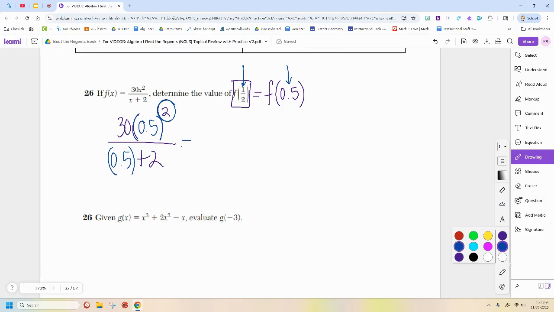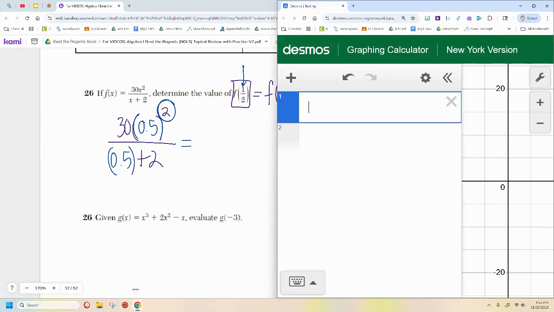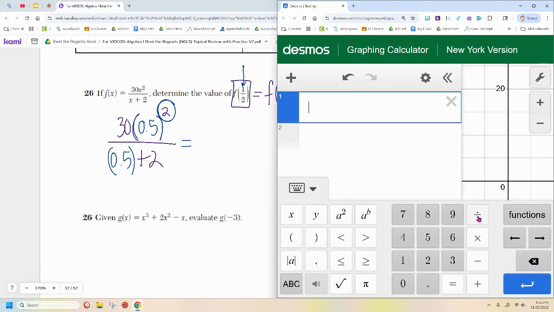So now I'm just going to put an equal sign, and I'm going to go to Desmos and type in what I have on my screen. Now, this also is true for the quadratic formula. Make sure you are putting in your division symbol, and that way you can have a complex numerator, complex denominator.